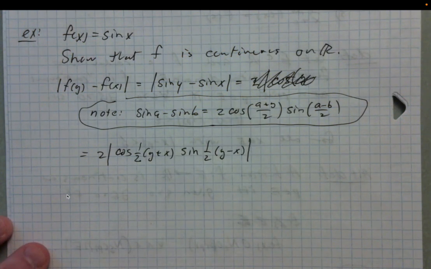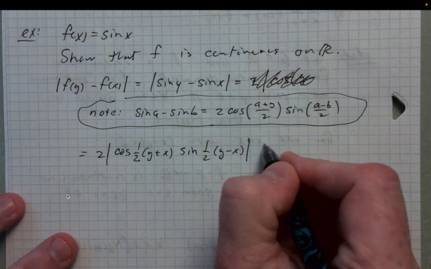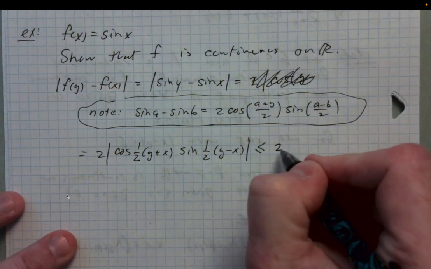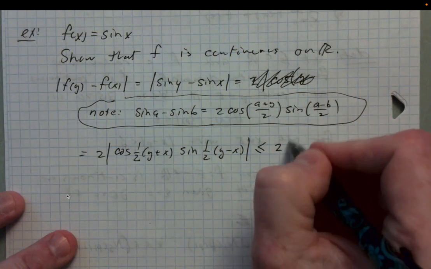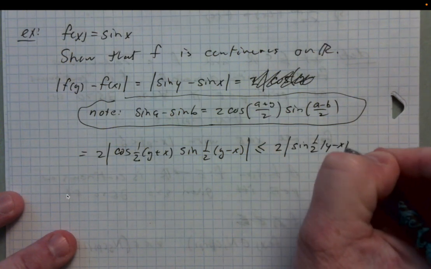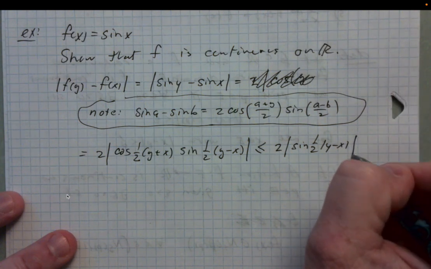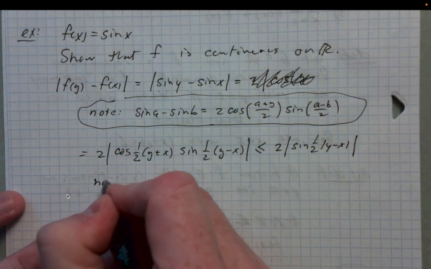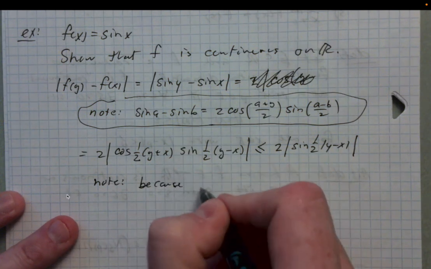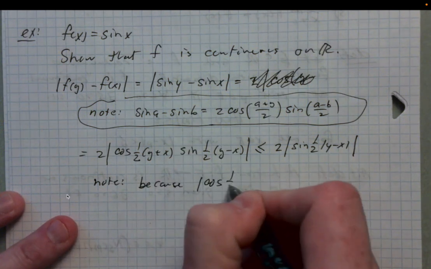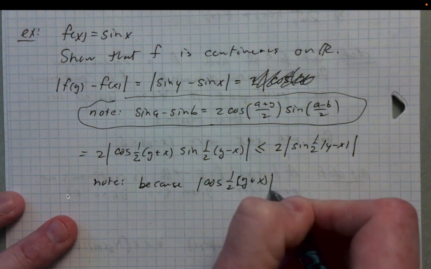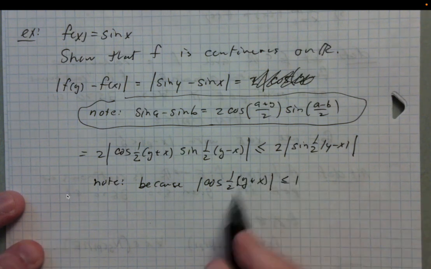Okay, and this is less than or equal to 2 times the absolute value of the sine of 1/2 (y minus x). All right, now why is that true? Let's put a little note here. This is because the absolute value of the cosine of 1/2 of (y plus x) has got to be less than or equal to 1, right?